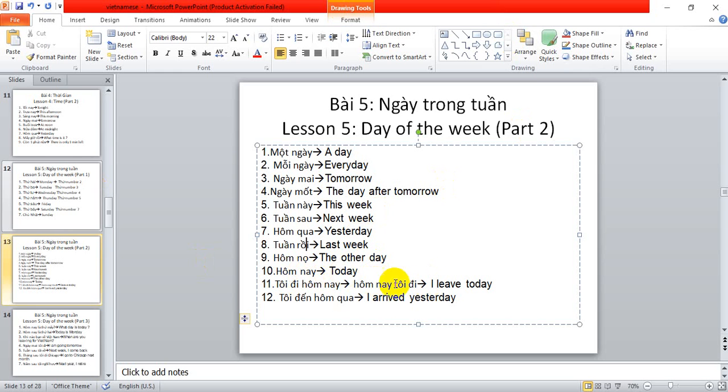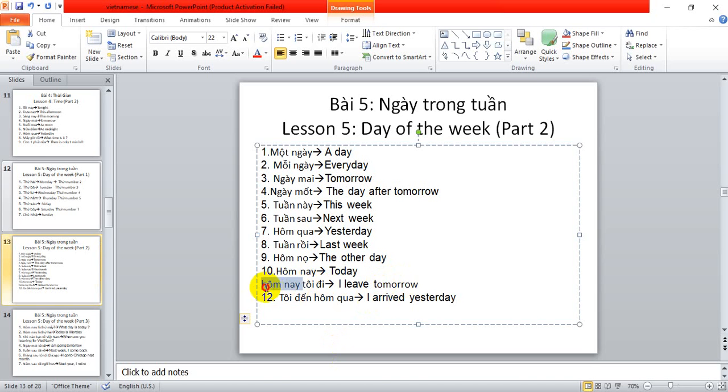Hôm nay tôi đi. I leave today. For example, ngày mai, I leave tomorrow.